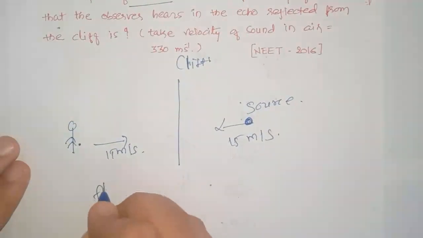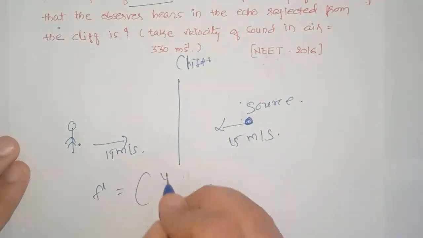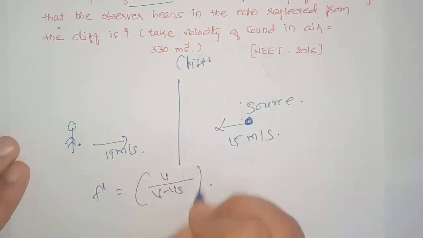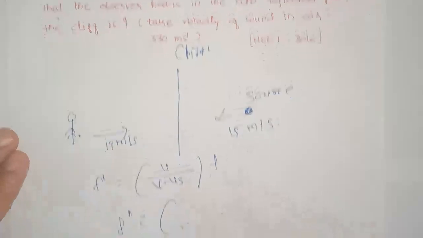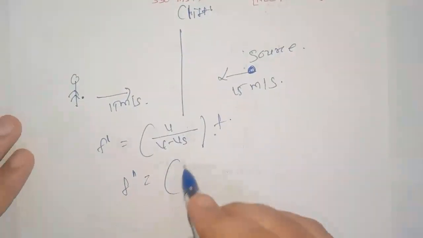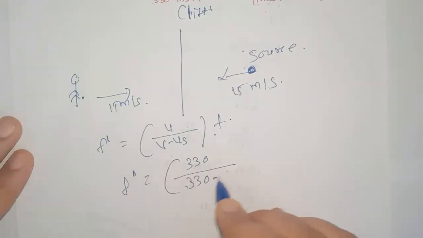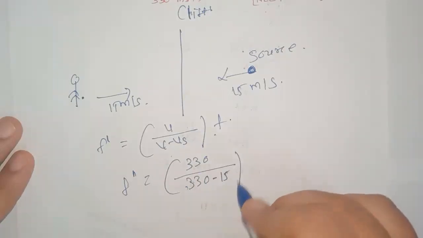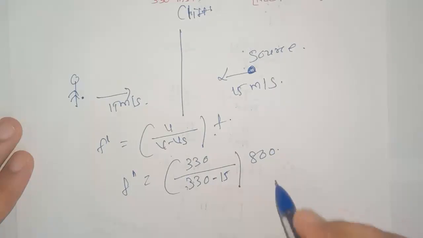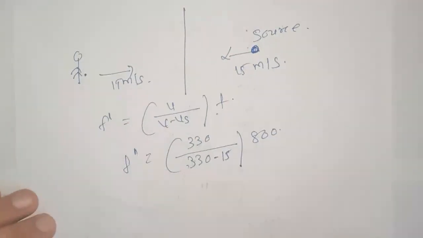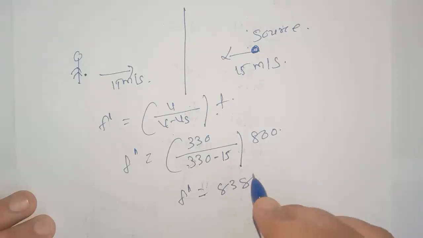So F dash will be equal to V upon V minus Vs into F. The speed of sound in air is given, 330 divided by 330 minus 15 into 800. So simplifying this, we will get F dash is equal to 838 Hz.